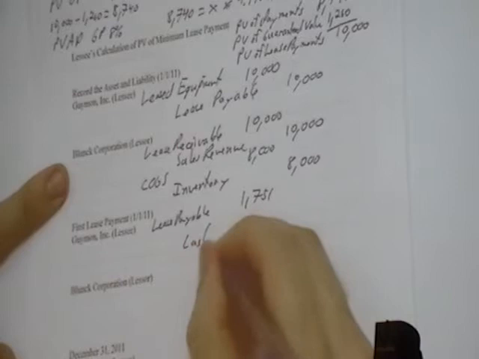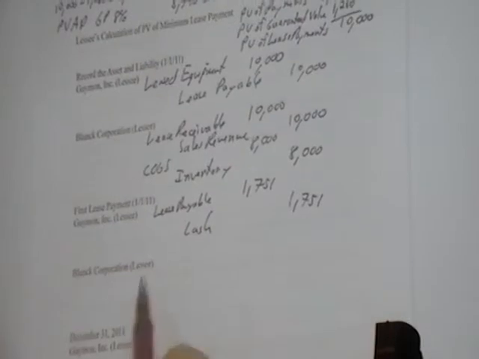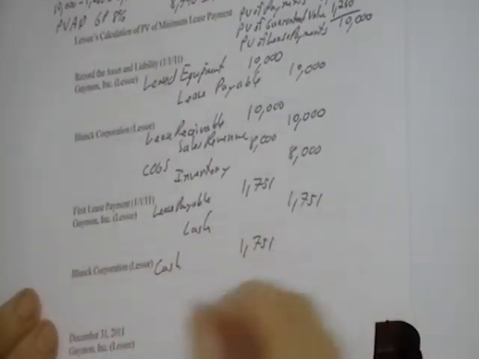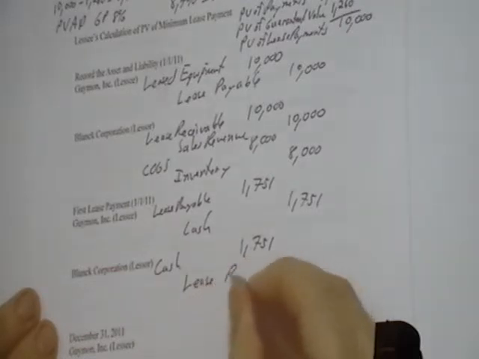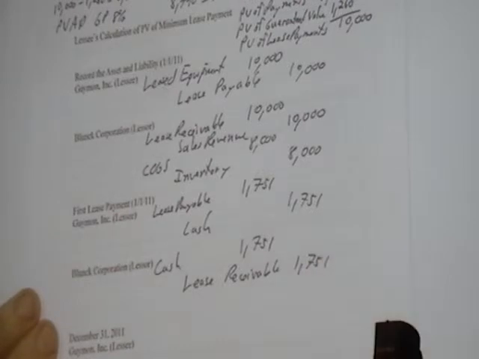Cash is going to go out, 1,751. Why no interest expense? No time has passed, it's the first day. You're exactly right. From the lessor's perspective, they're going to receive cash of 1,751. They are going to reduce their lease receivable by 1,751. That's all they have to record on that day.